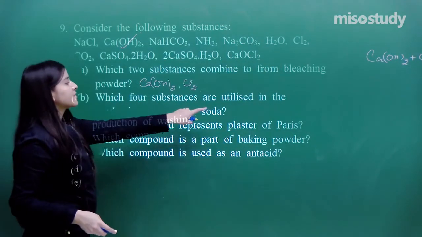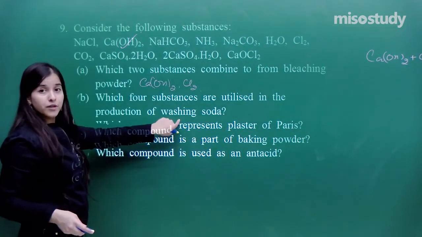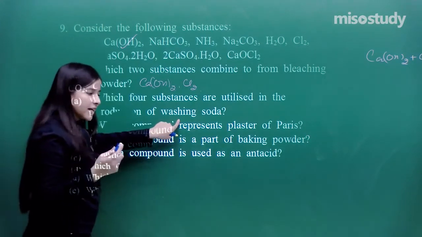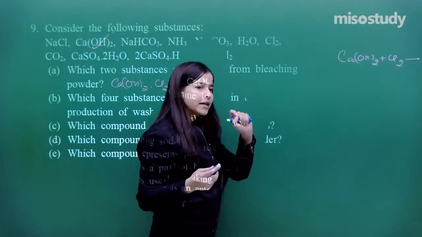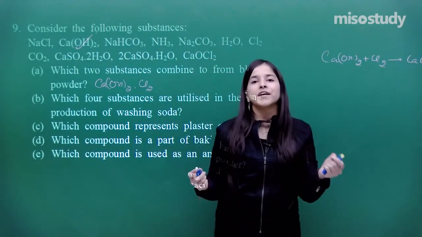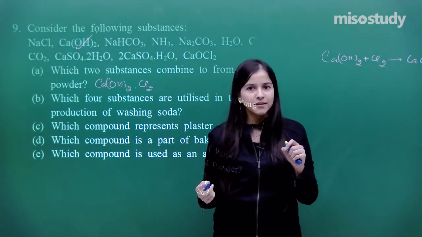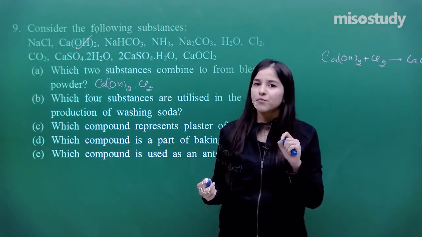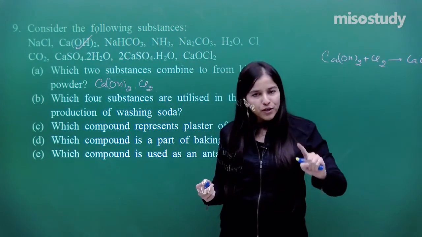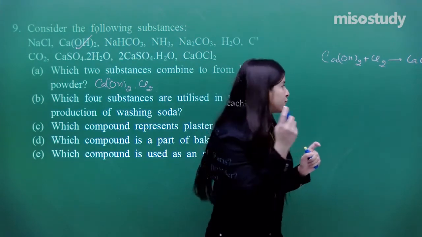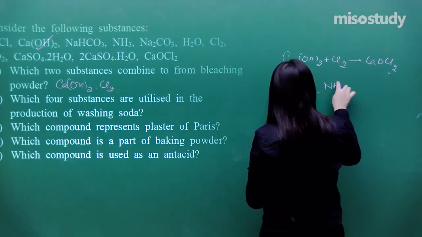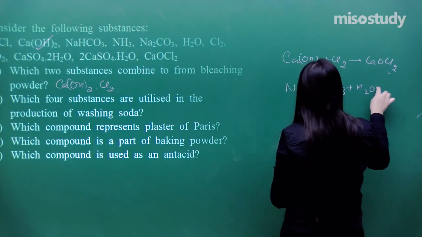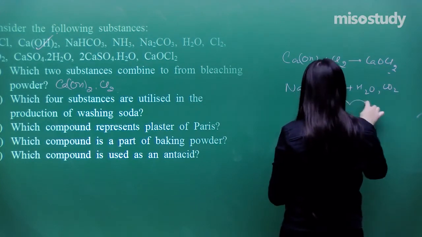Which 4 substances are utilized in the production of washing soda? Now we have actually read about this washing soda production via Na2CO3. But from where do we get this Na2CO3? While producing baking powder, yes? The production involved 4 components: NaCl, NH3, H2O and CO2.